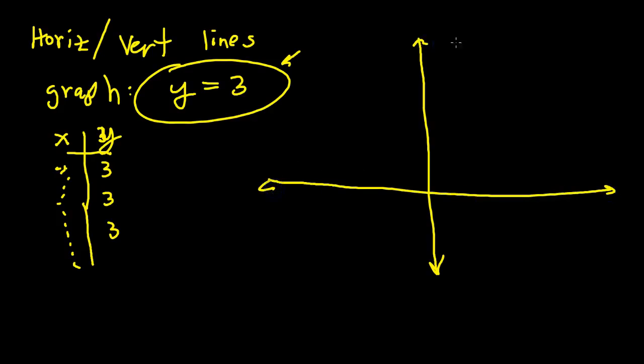All right, so if this is the y-axis and this is the x-axis, and I want to graph y equals 3, well, 1, 2, 3, it's simply a horizontal line, because y never changes, with a y-intercept of y equals 3.